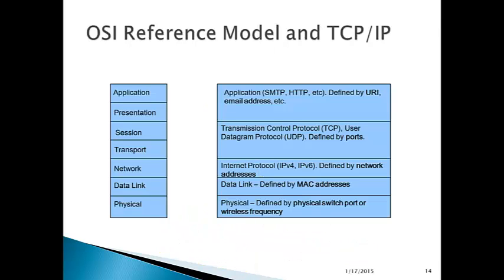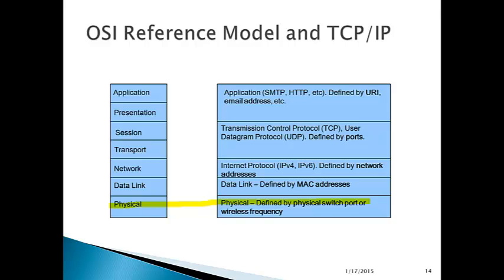Now let's look at the OSI reference model in TCP/IP, because the OSI model is just for academic purposes, but TCP/IP is actually how the world works nowadays. The physical layers correspond. In a TCP/IP world, you have a physical layer that's pretty much independent of the TCP/IP protocol. It exists underneath it, but it's defined by where you plug it into a switch or what wireless frequency or channel you're using.